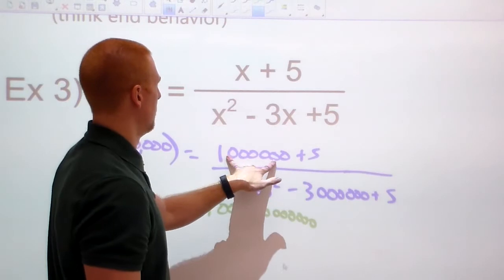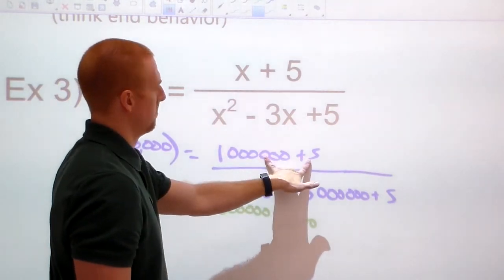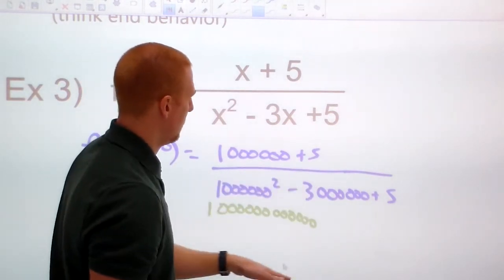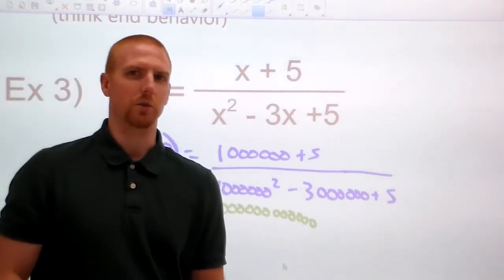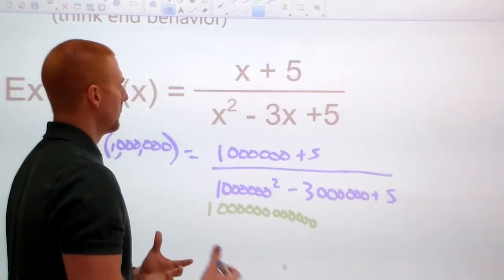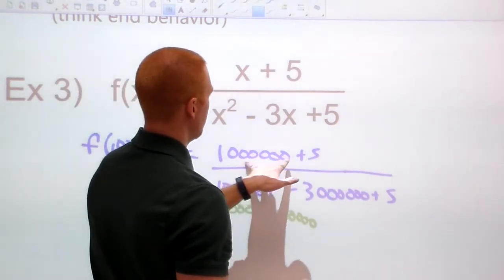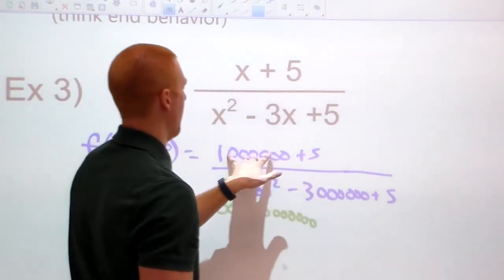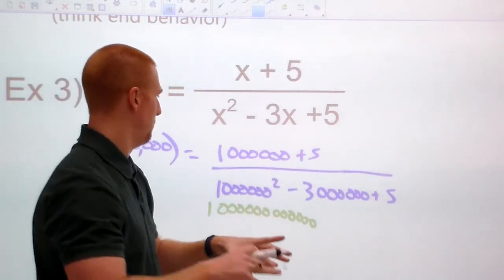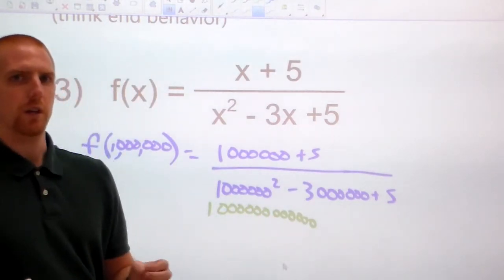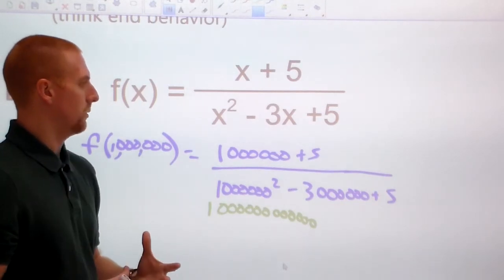If I had $1,005,000, okay, that's a lot. How does that compare with having a trillion? Well, a million's nothing compared to a trillion. So what's going on here is no matter what you have on the top, the denominator is going to be so much bigger than that anyway that this is going to get really close to 0.